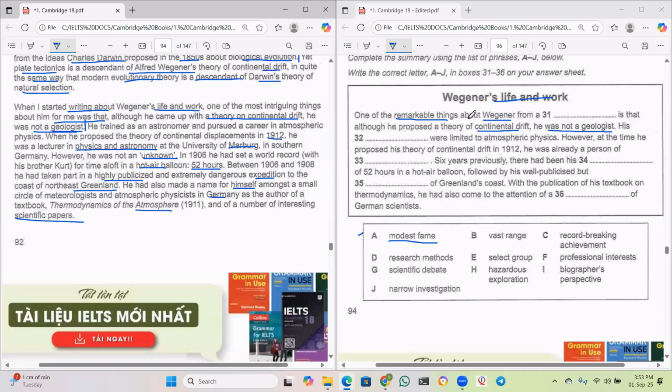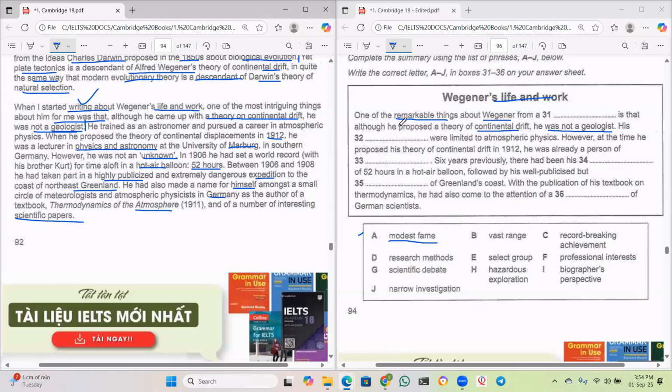So, what should be the answer? One of the remarkable things about Wegener from a dash. From A means when I started writing about him. So one of the most intriguing things means one of the remarkable things. Although he came up with a theory of continental drift, although he proposed it, he was not a geologist.